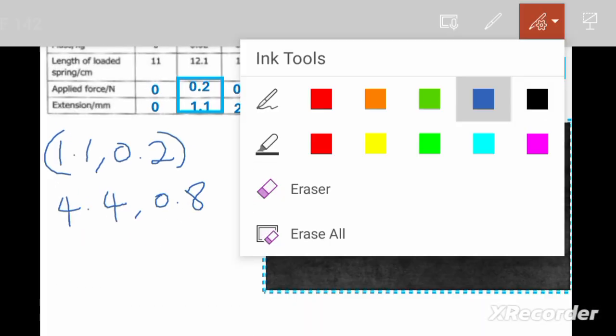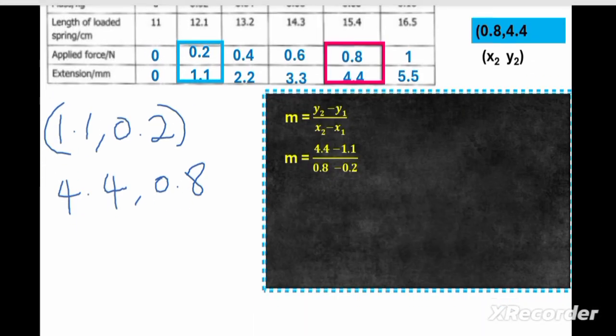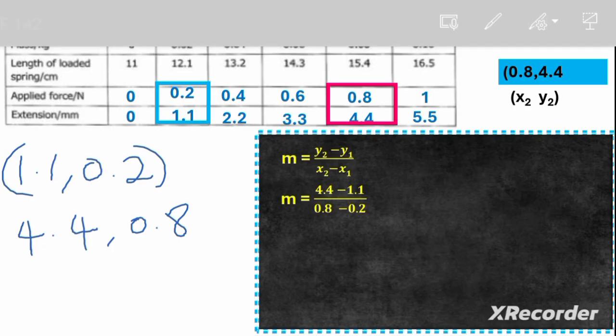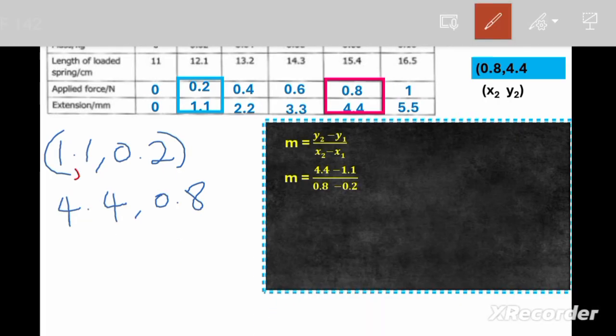We are going to label this one. This is our x1, this is our y1, our x2, our y2.